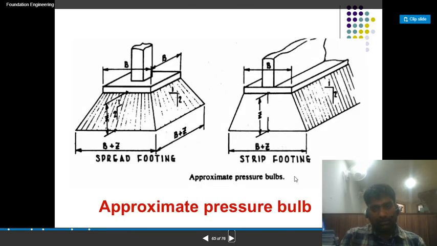This is the approximate pressure bulb and this is the zone of influence. In the case of a strip footing, it is trapezoidal in nature, at the depth z below the strip footing. The influence zone is B plus z, and for a spread footing it is also B plus z.